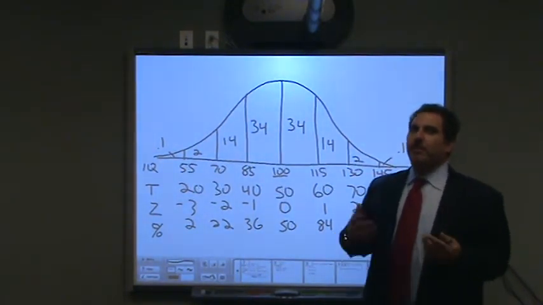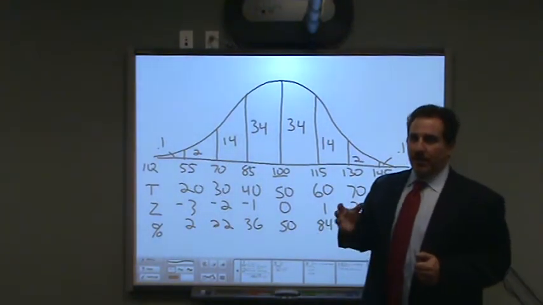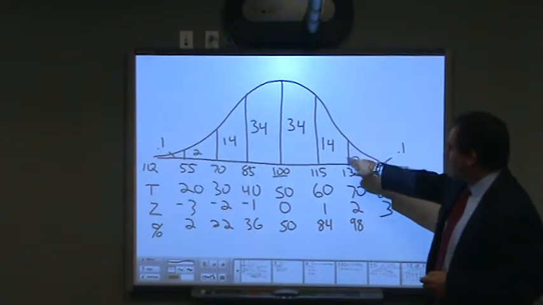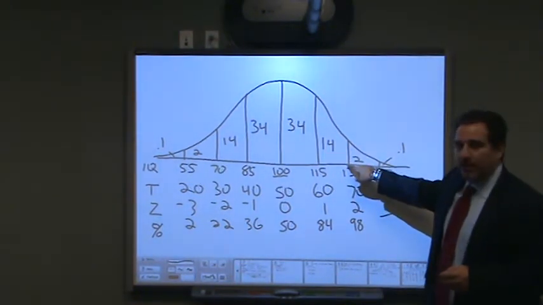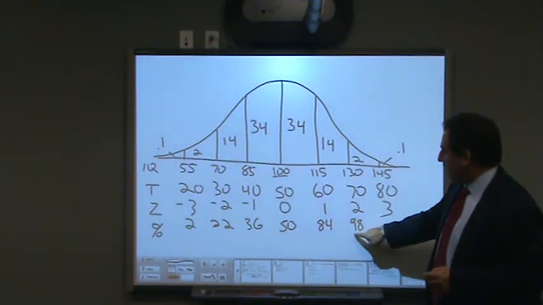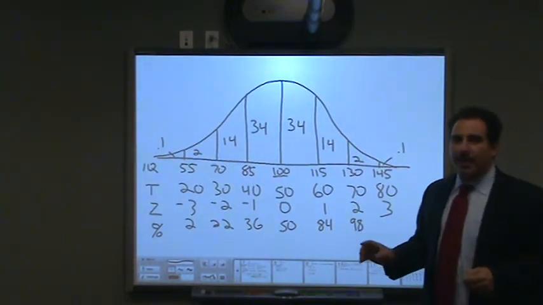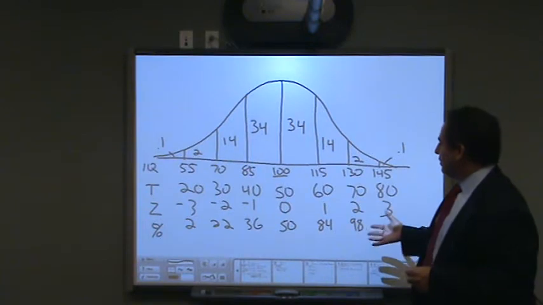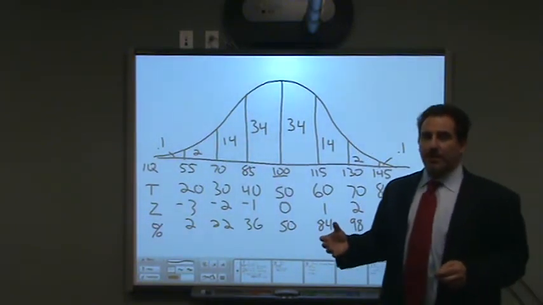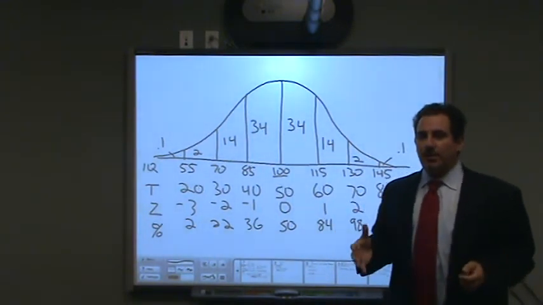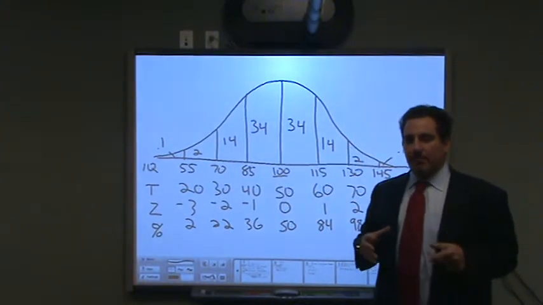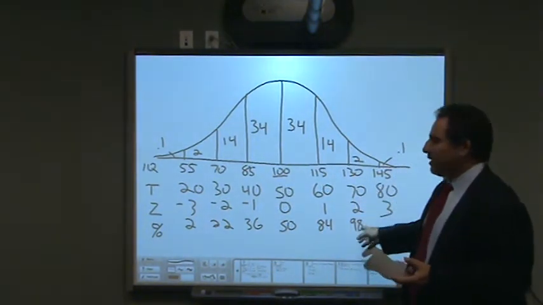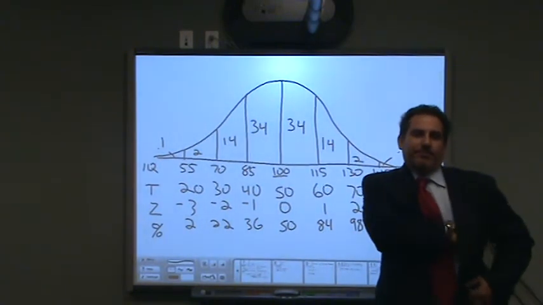You might ask, well, what's the significance of that? If someone has a WAIS IQ score of 130, that puts them right here in the normal curve, which means that they are at the 98th percentile amongst others who have taken that test. Which means if they're in a room with 100 people drawn from that same sample or that same population, they will be smarter than 98 of them.